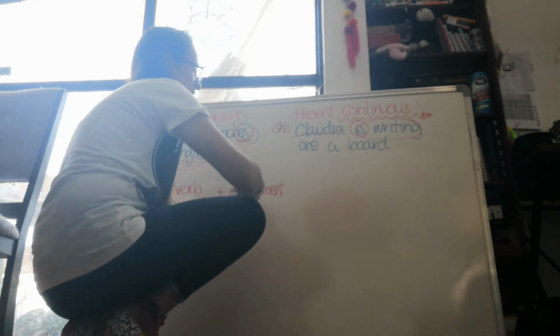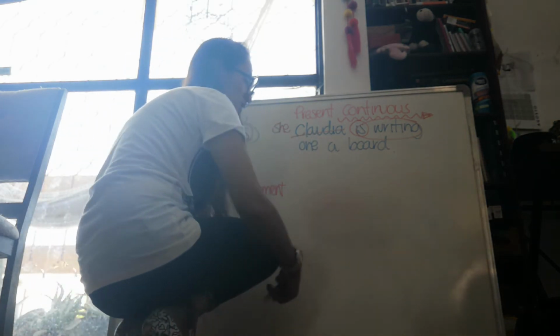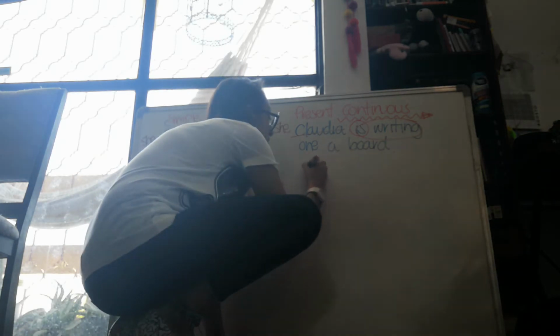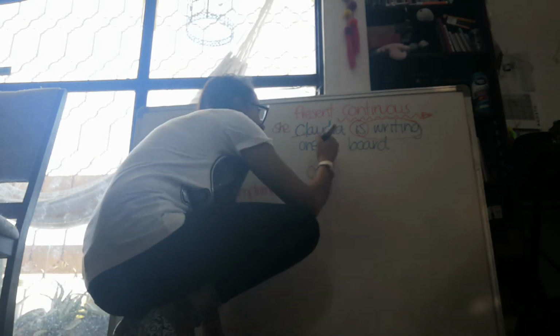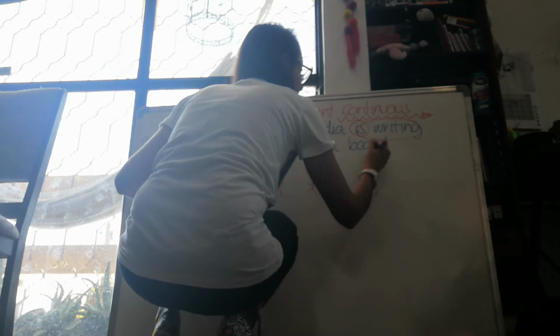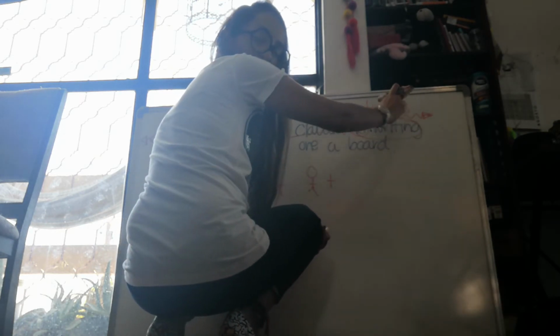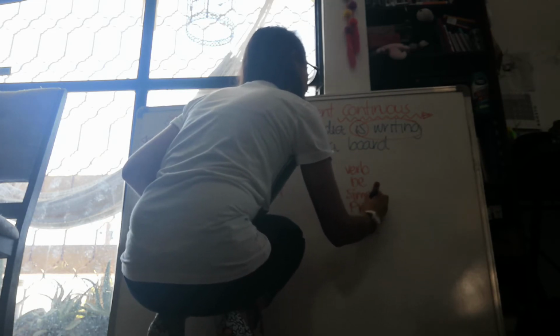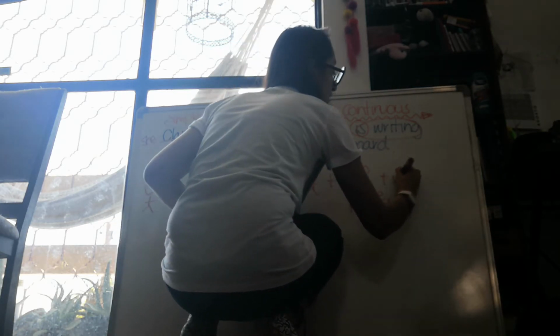In this case, again, we start with a subject, then, to make the whole present progressive, we need the verb be in simple present, plus a verb with ing, plus the complement.